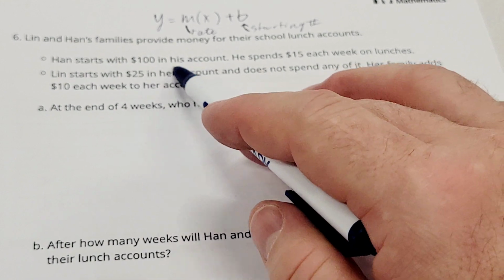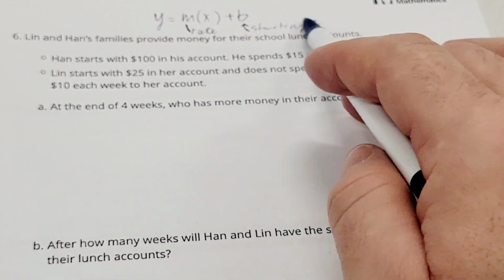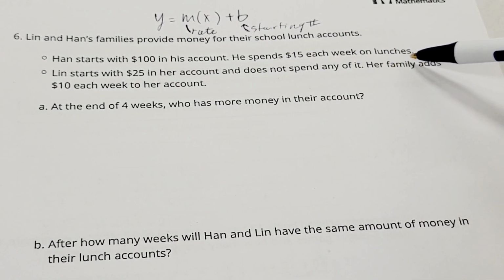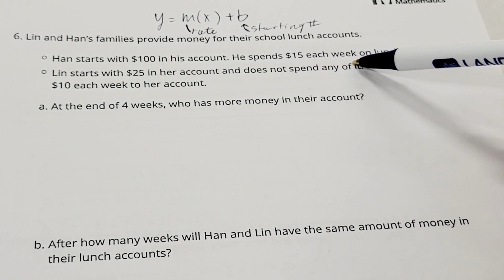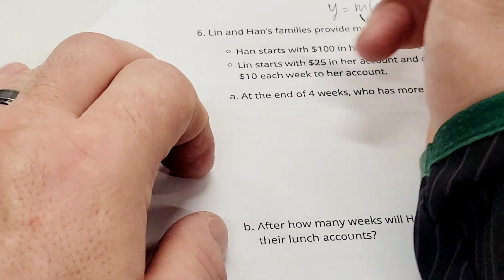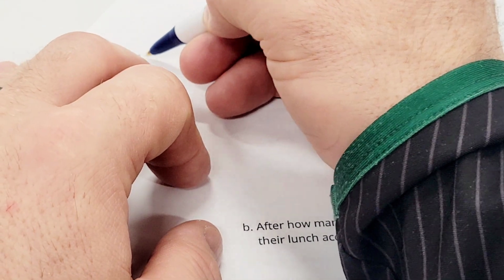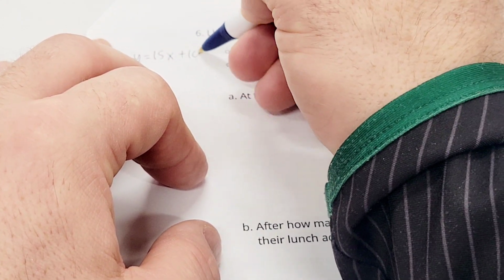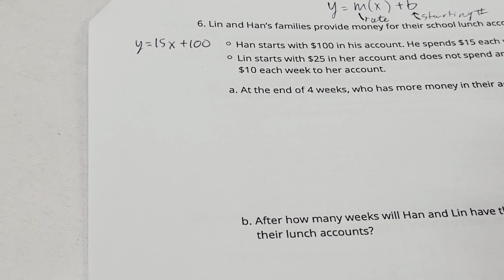So if I hear those two things in the story, those numbers go in those positions. Han starts with 100 in his account, that's the starting number. He spends $15 each week on lunches. There's a rate, $15 per week. So Han's equation should be y equals 15x plus 100.